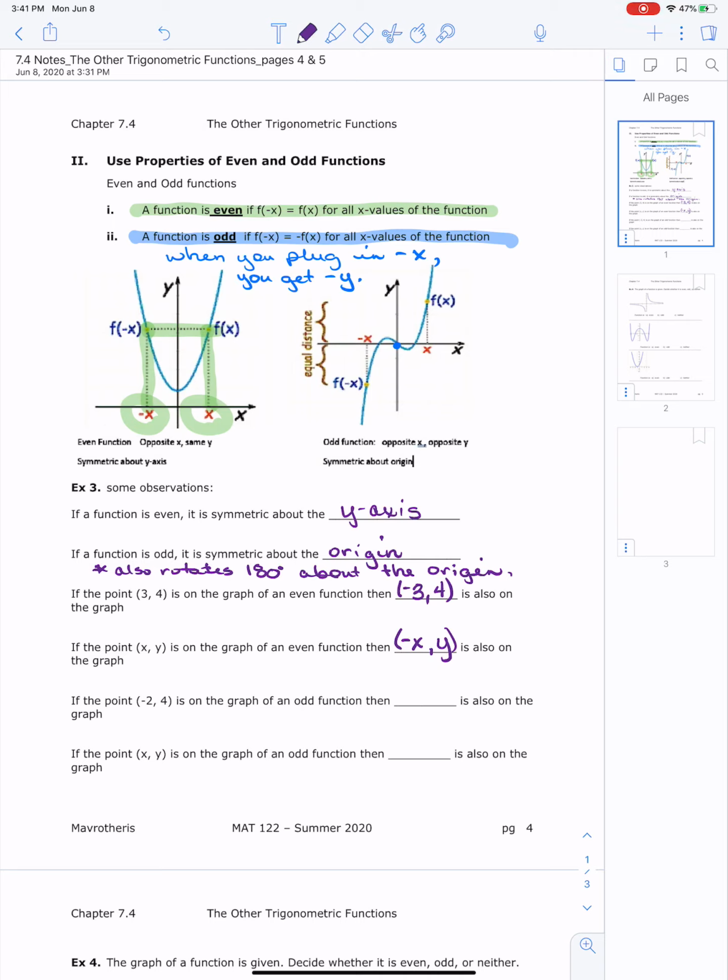Odd function means if I plug in negative x, I get negative y. So if negative 2, 4 is on the graph, positive 2, negative 4 is also on the graph. Okay, and the last one here, if the point positive x, positive y is on the graph of an odd function, positive x gives us positive y, then negative x gives us negative y.